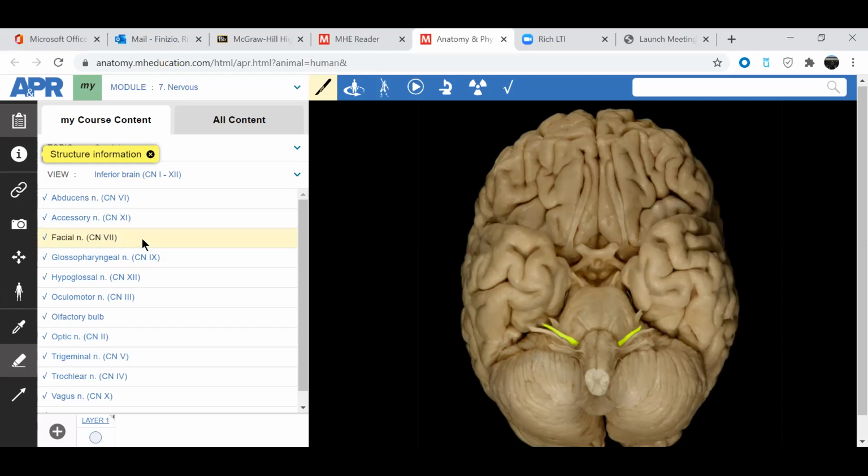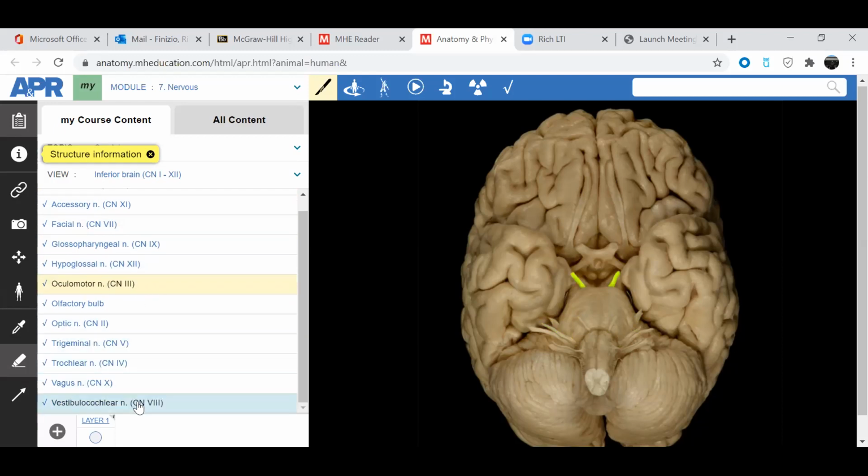And then cranial nerve 8. Oh, sorry, that was oculomotor. Not that. Cranial nerve 8 is the vestibular cochlear. So it's down here, sorry. Facial 7, vestibular cochlear 8.